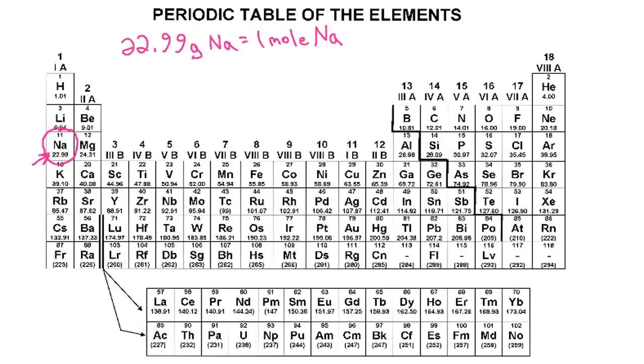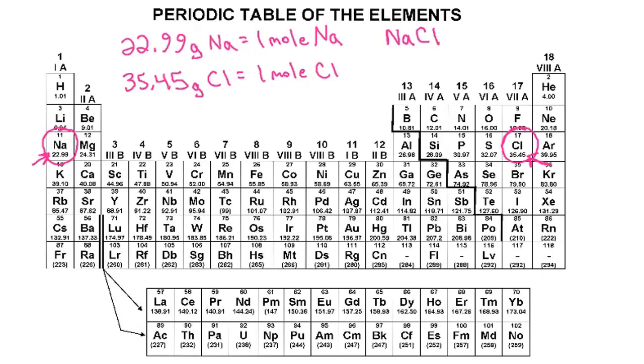Now let's look on the right side of the periodic table, and we have chlorine over here. Chlorine's atomic mass unit is 35.45. So 35.45 grams of chlorine is going to equal 1 mole of chlorine. And 1 mole of sodium chloride is 1 mole of sodium plus 1 mole of chlorine.